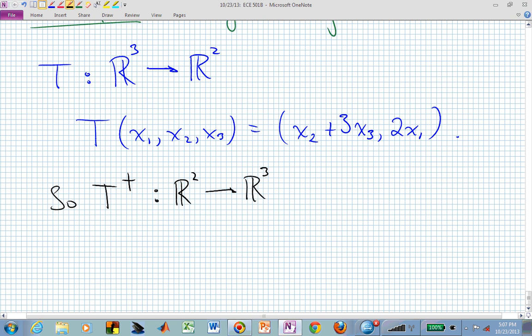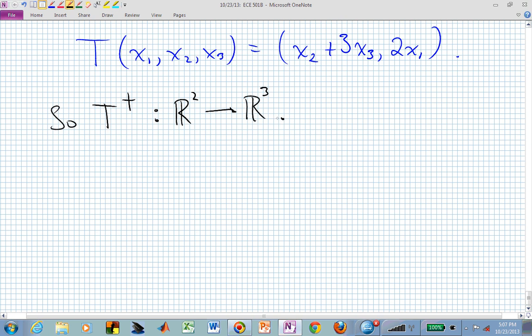It's going from W to V. Now to build up T dagger, let's just pick a vector in W. So to create T dagger, we pick a W in W.